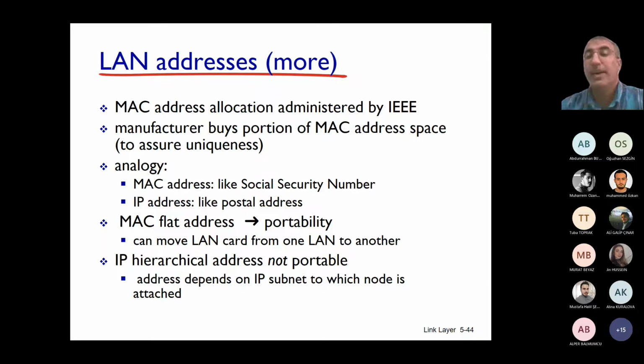So the MAC is a flat address. It's portable, basically. What does portable mean? You can move a LAN card from one LAN to another. The IP address is hierarchical and not portable, if you guys remember. It depends on the IP subnet to which the node is attached.